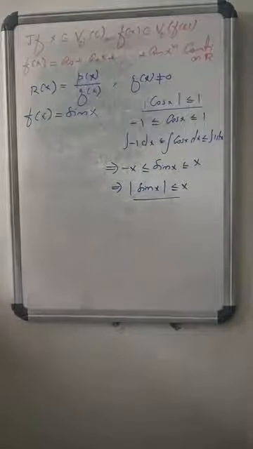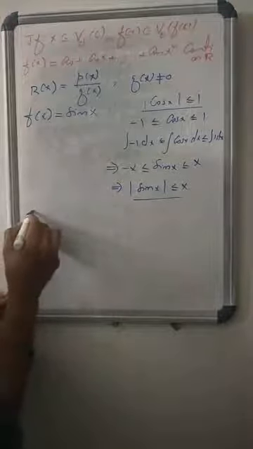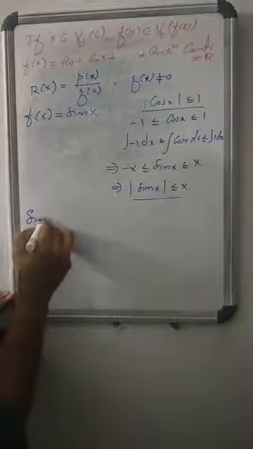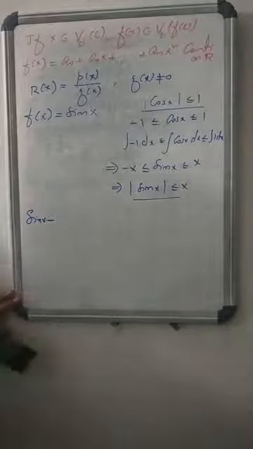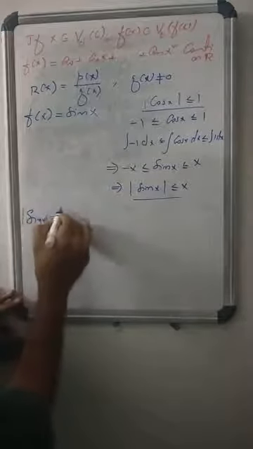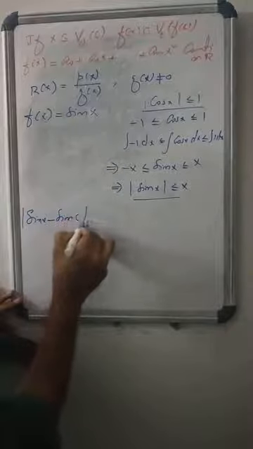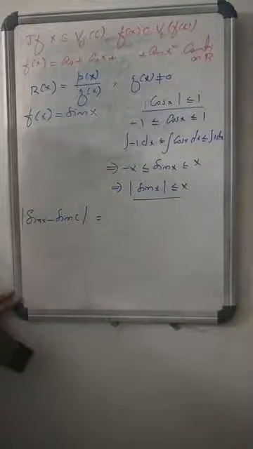Agreed. So to prove sin x is a continuous function, what about modulus of sin x minus sin c? It is of the form sin c minus sin d. What is sin c minus sin d?